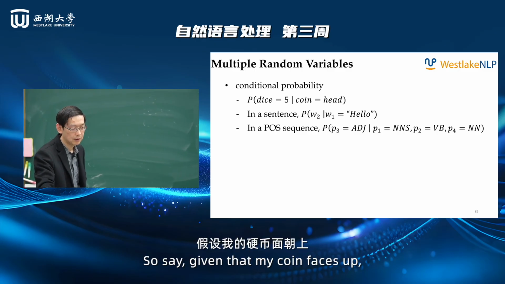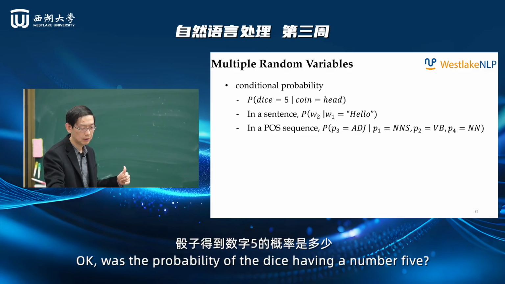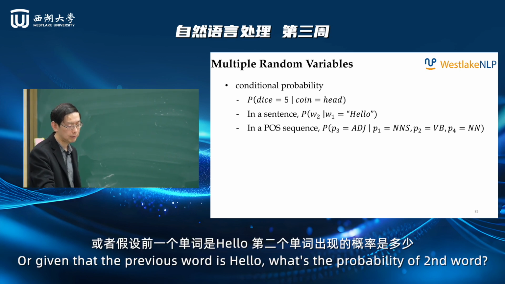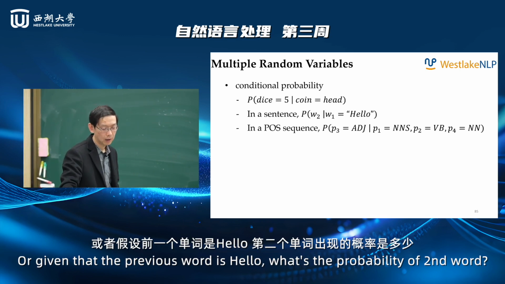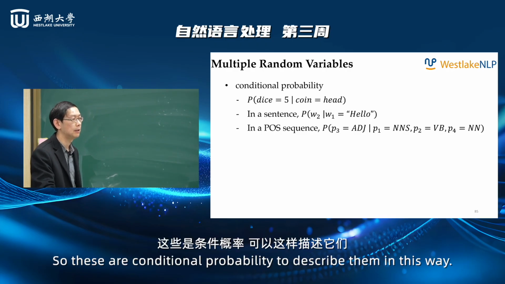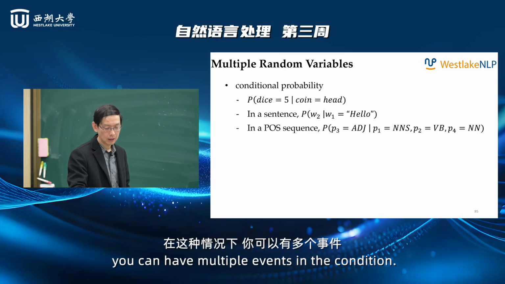Say, given that my coin faces up, what's the probability of the dice having a number 5? Or given that the previous word is hello, what's the probability of the second word? These are conditional probabilities, and you describe them in this way. You can have multiple events in the condition.